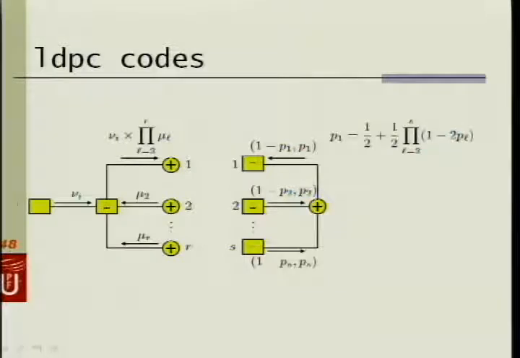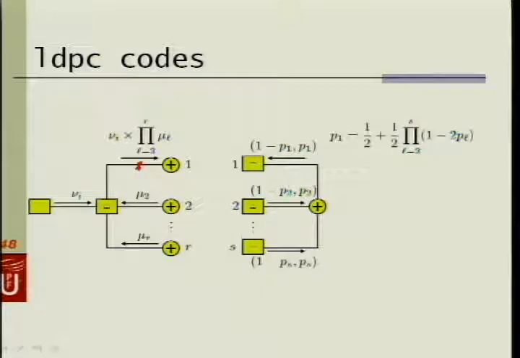Okay, these are the blocks representing the channel. So these nu sub i are the messages coming from our knowledge of the channel behavior, p density of y sub i given x sub i. Once we know the channel and we observe the channel output, we have these messages. Let's compute, for example, this message, corresponding to this variable, going in the direction from the repetition nodes to the parity check node.